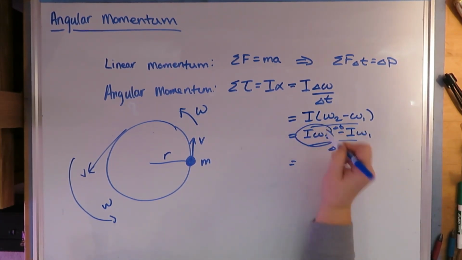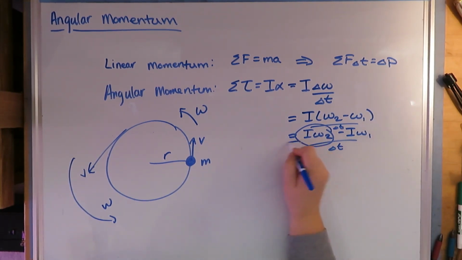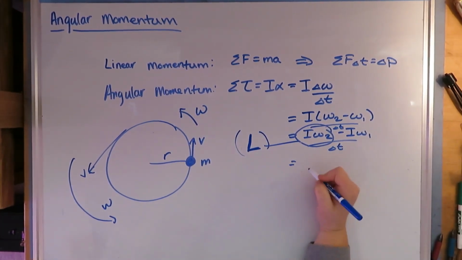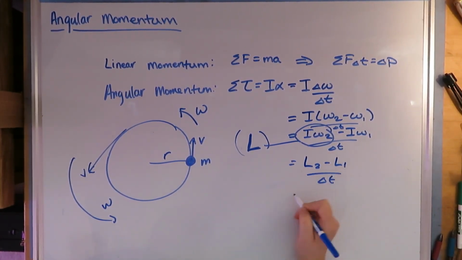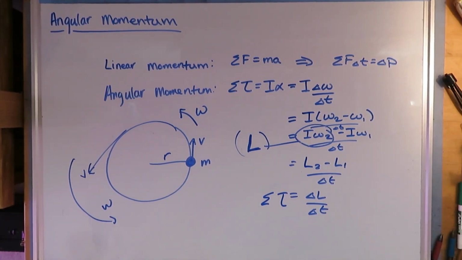Well, this product here, I omega, we can define as angular momentum. We define angular momentum with the capital letter L. So I can call this L2 minus L1 over delta t, which is delta L over delta t. So my net torque is equal to the change in angular momentum over the change in time.